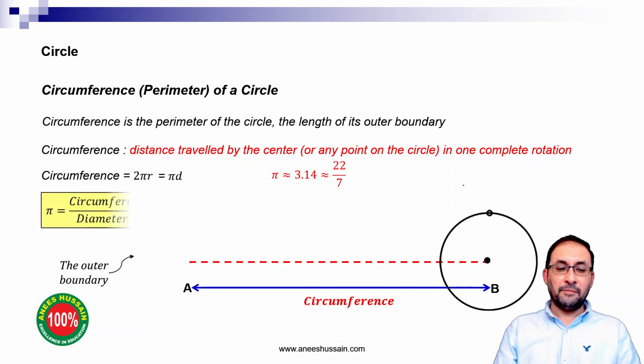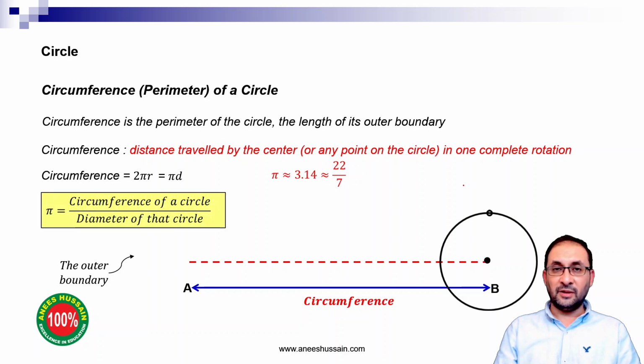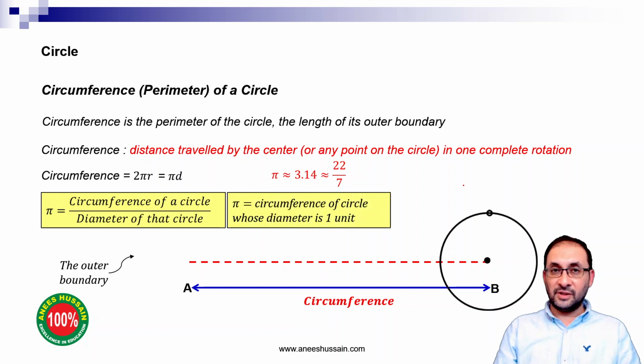So therefore, pi is nothing but the ratio between the circumference of a circle and the length of its diameter. Circumference divided by diameter is equal to pi. It's not a rational number. Pi can also be defined as the circumference of a circle whose diameter is 1 unit.